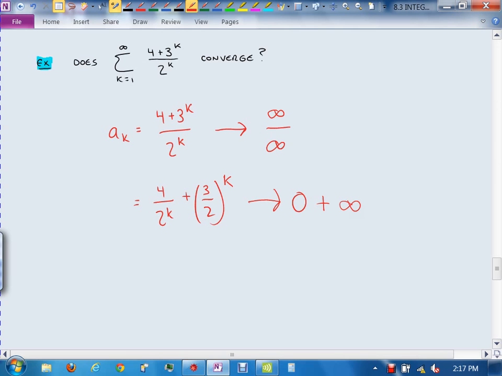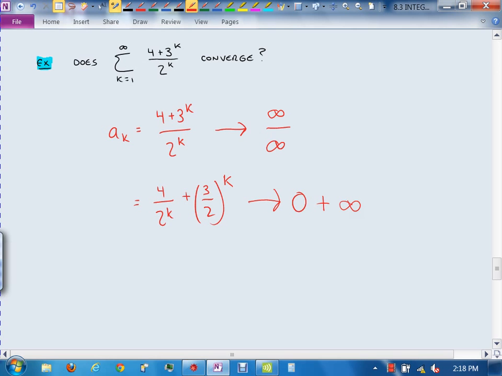That's it basically. We're done, because this goes to 0, and we're adding to it 3 halves to the k. 3 halves is a number bigger than 1. As you start raising those to larger and larger powers, that becomes infinite. That means each of these terms gets bigger and bigger as we go out. So when we start adding them up, they're going to become infinitely large.